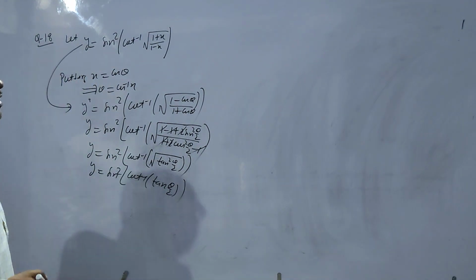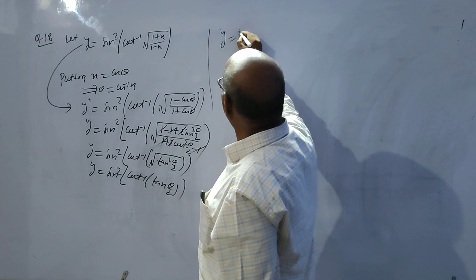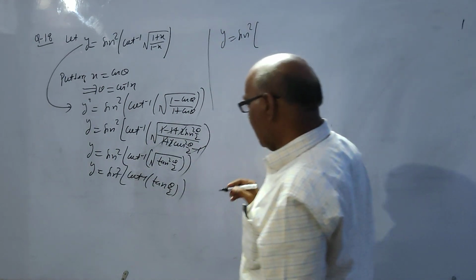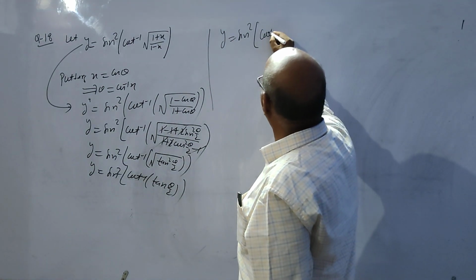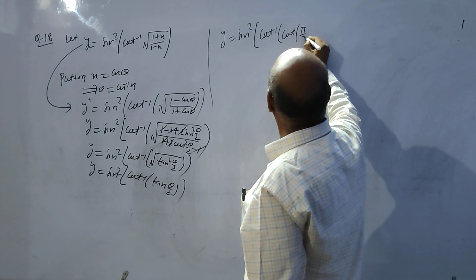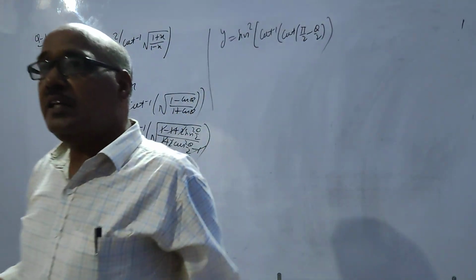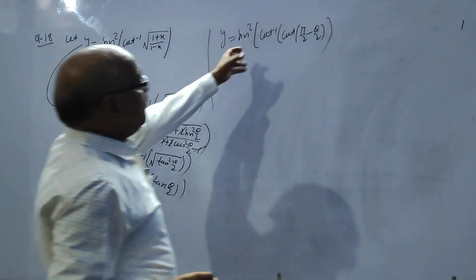Now convert tan in terms of cot by using the allied angle formula. So y is equal to sine square cot inverse cot(pi by 2 minus theta by 2). You know cot(90 degree minus theta) is equal to tan theta. So cot inverse cot cancel out.